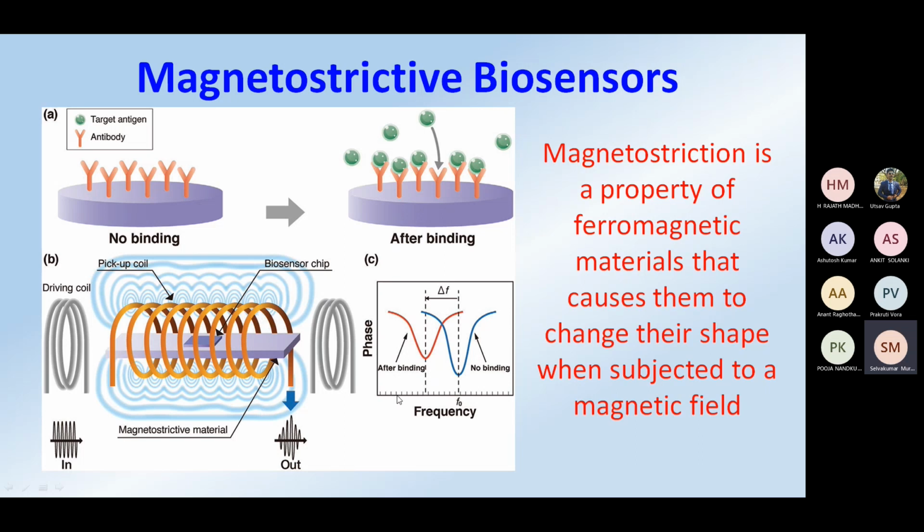Once that field changes, that change in the frequency of the magnetic field will disturb this another platform, which is a magnetostrictive based material, because some sort of shape change or movement will happen. So that again further confirms that the sensing is happening within the samples. Okay. So yeah, this is how the magnetostrictive biosensor works.